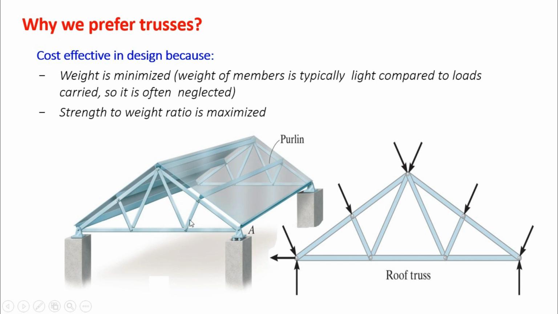But when we make trusses, its own weight is negligible, so they are not adding any force to the supports. Then its strength to weight ratio is maximized, meaning for the same value of load these frames or trusses can carry.